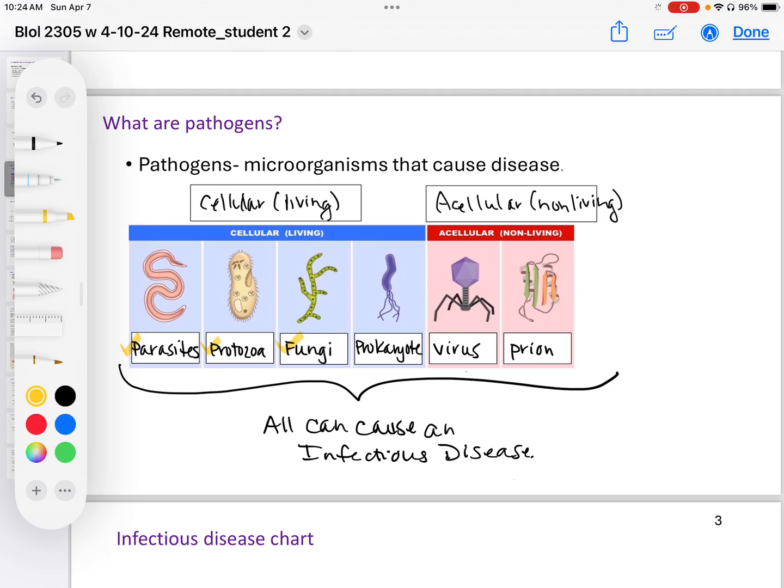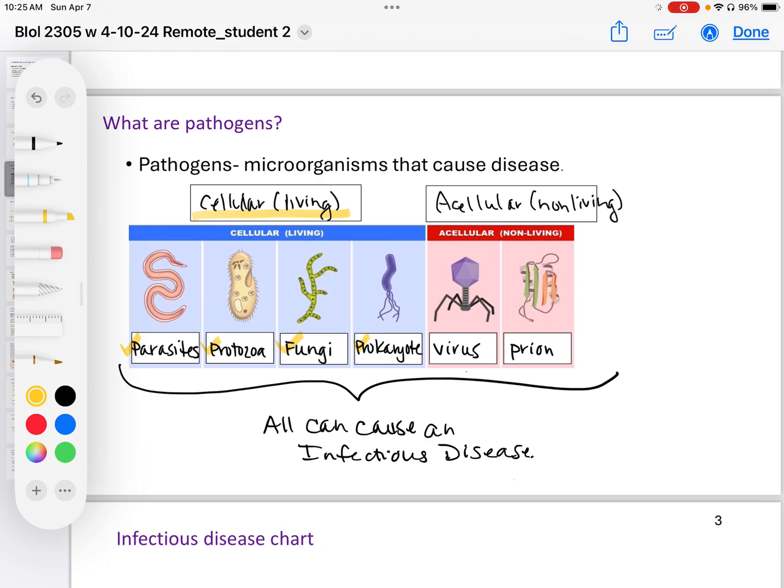Fungi could cause disease, for example, tinea, which is athlete's foot. And then one that we have covered all semester and learned about most in this class is going to be prokaryotes. An example for prokaryotes could be a bacteria, and one example here could be the one that causes leprosy.